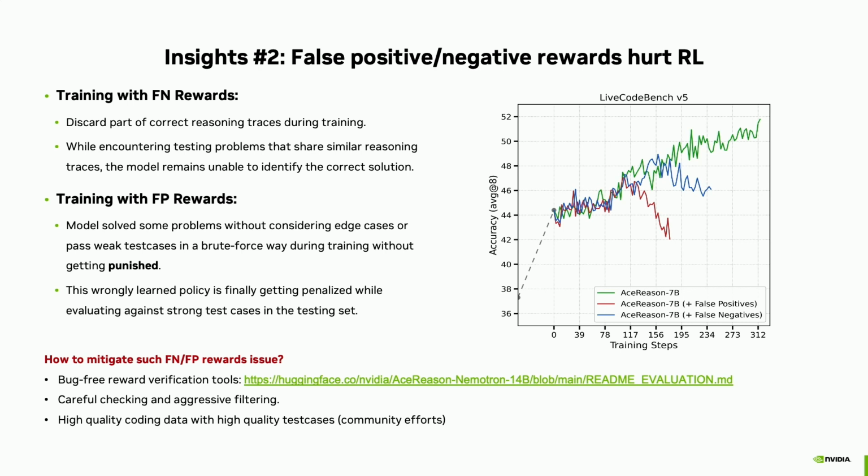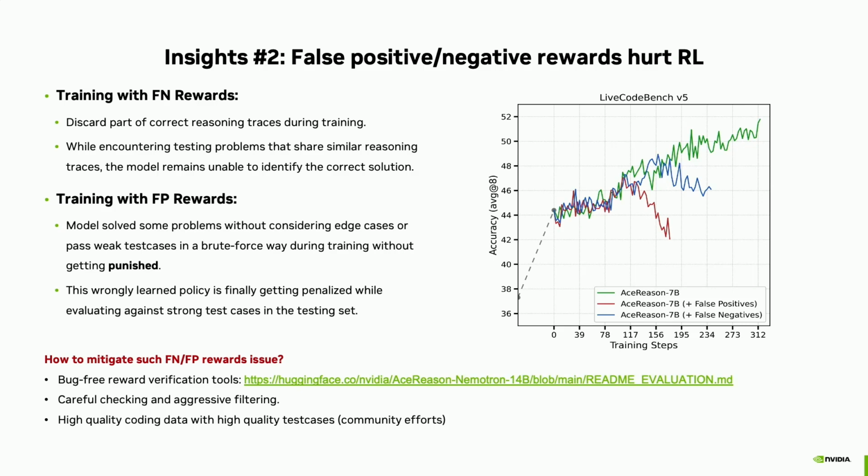We find that if we train with false negative rewards, the model will discard some correct reasoning traces during training. Then on the testing set, if it encounters test problems that share a similar reasoning trace that could help solve them, it will just discard it and cannot identify the correct solution. So the upper bound of our code RL score will be decreased.